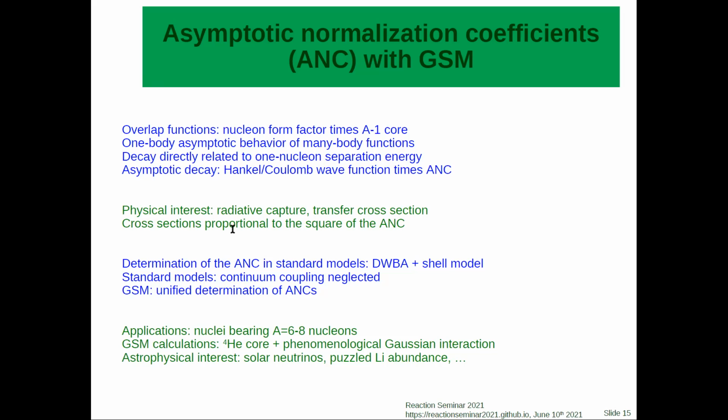They have been calculated for nuclei of a few nucleons with a helium-4 core, and we used here a phenomenological interaction in order to have an interaction which is easy to fit, because we wanted to consider mainly the behavior of the overlap function in the asymptotic region, and then calculate precisely the asymptotic normalization coefficient.